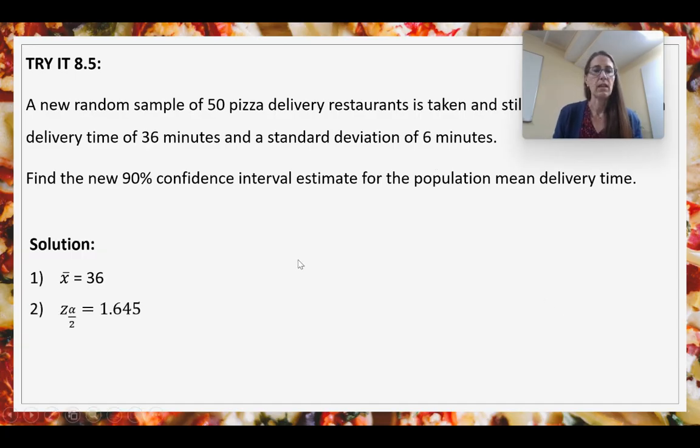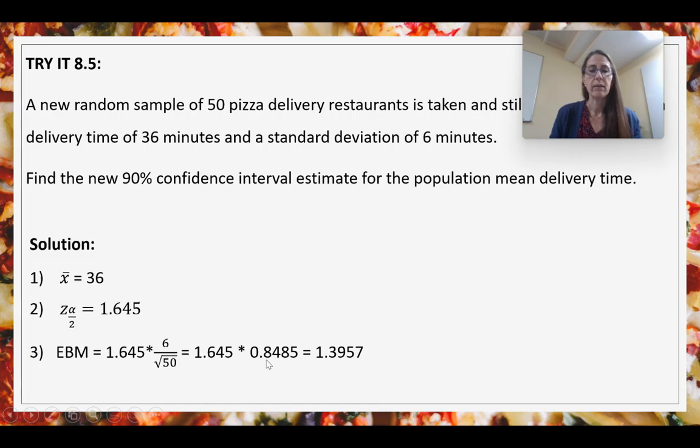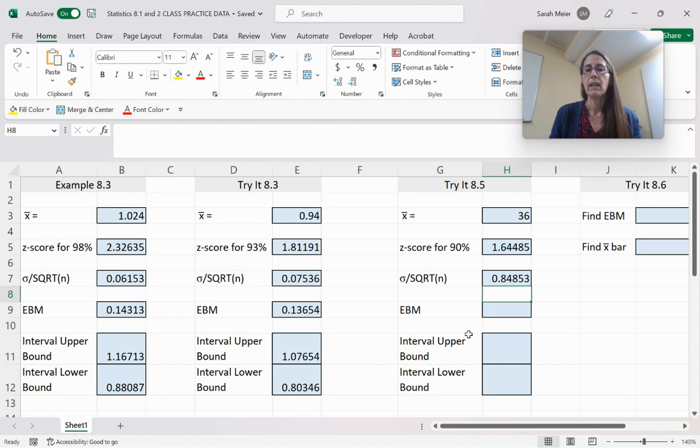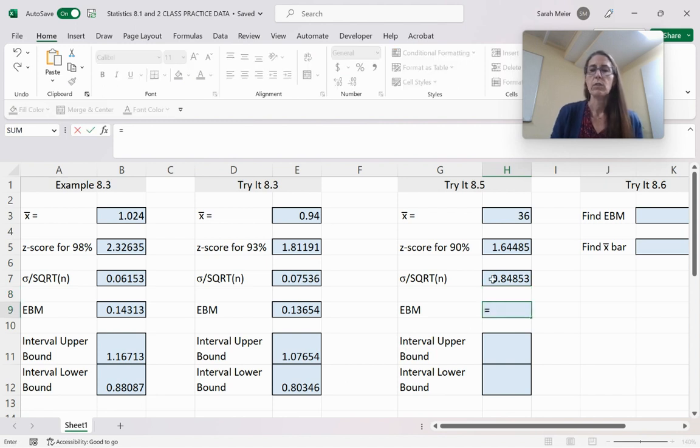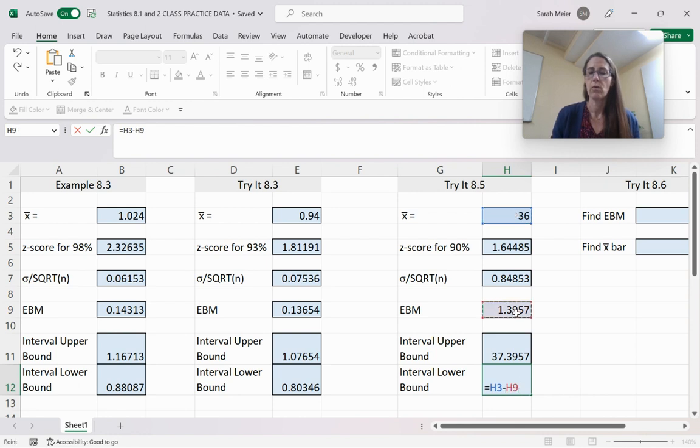And then we are going to multiply, and here you can see 0.8485. EBM is going to be equal to our z-score times our S value, 1.3957. And now we're going to add that to our mean for our upper bound, and we are going to subtract it from our mean for our lower bound.